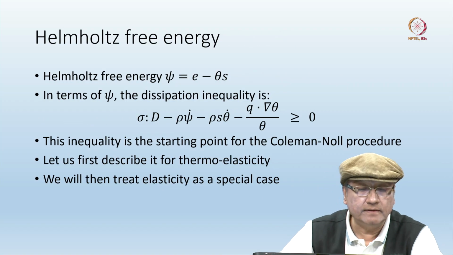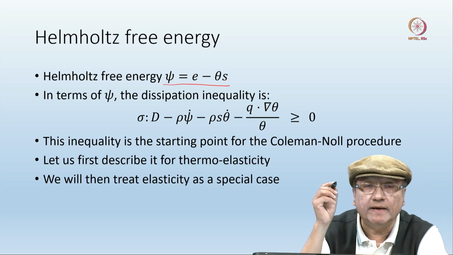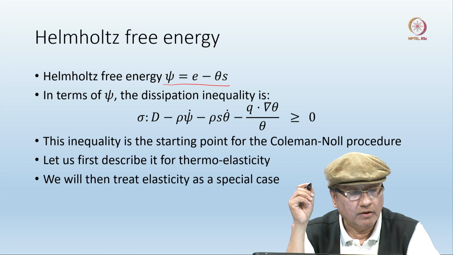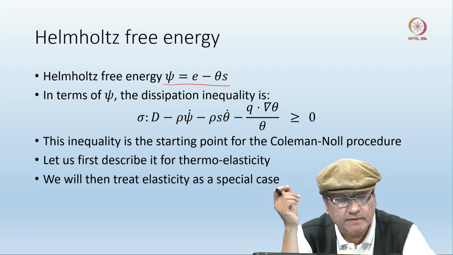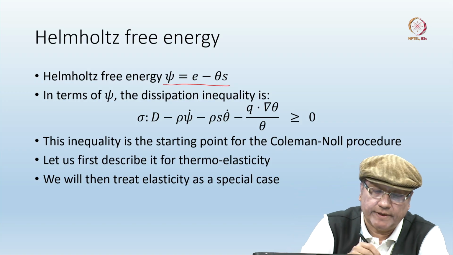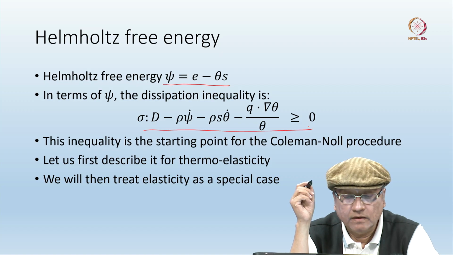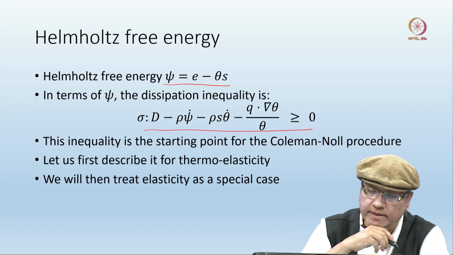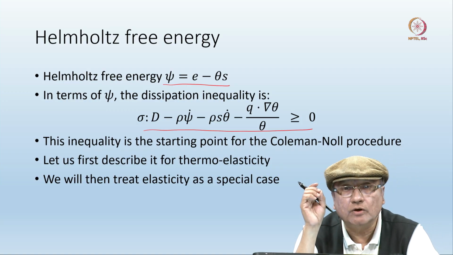So we define the Helmholtz free energy, which is psi equals E minus theta times S. Then we rewrite the dissipation inequality in terms of psi, not in terms of E, this way. This inequality is the starting point for applying the Coleman-Noll procedure.